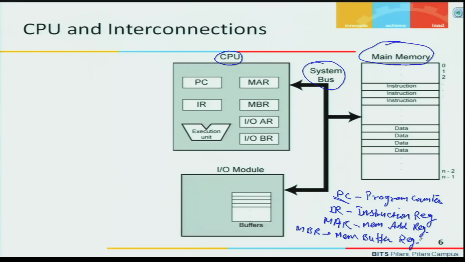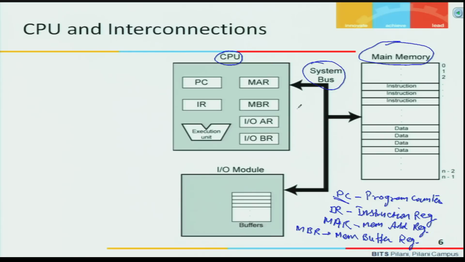So let us say at location X the data stored is Y, so Y will be put into the MBR. The data which is read from any module, memory or the IO module, will be put into the MBR, and the address is specified in the MAR register.